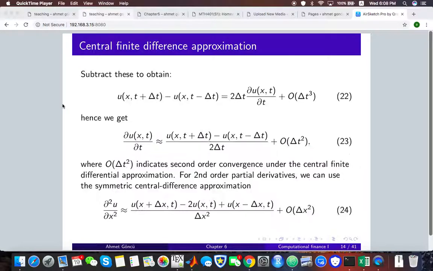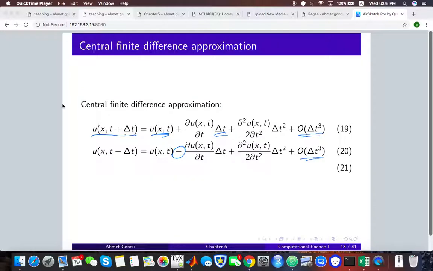So if you subtract these two equations, what do you get? If you make this subtraction, you get rid of this term, and you have the partial derivative of u with respect to t times delta t.